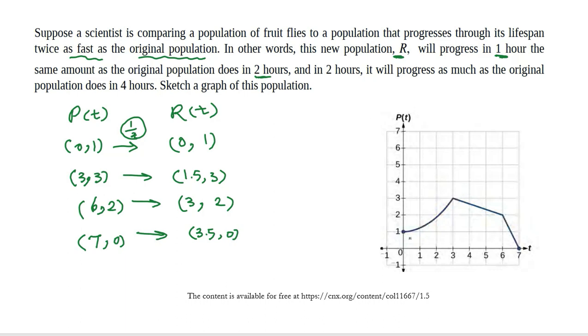So 0 and 1. 1.5 and 3. 3 and 2. 3.5 and 0. So that's R of t.